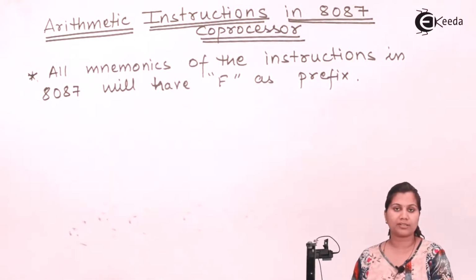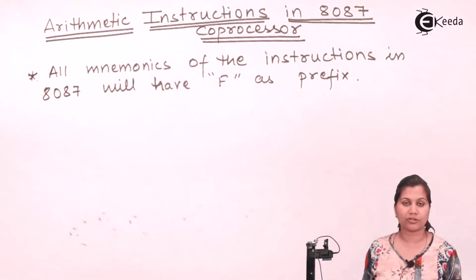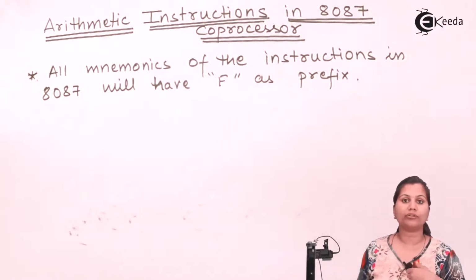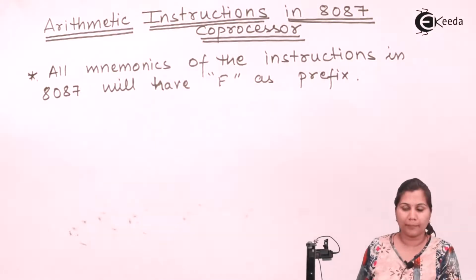Now the 8087 has its own instruction set. In this instruction set, we will have various types of instructions, and these instructions are categorized on the basis of the operation they perform.